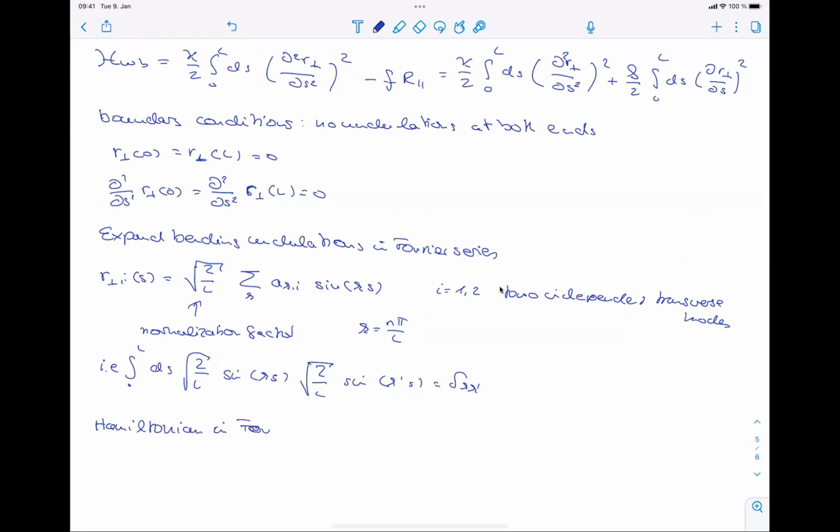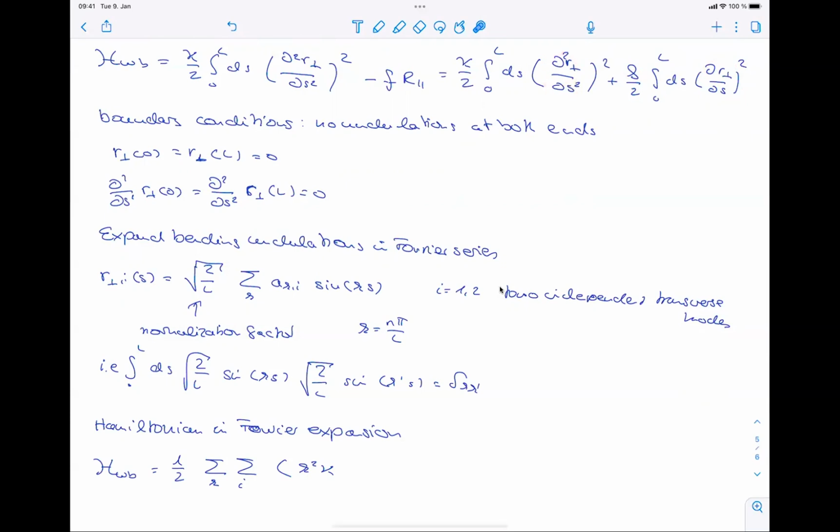And now if we plug this into our weakly bending rod approximation above, then the Hamiltonian in Fourier expansion reads, we have a half sum over k. Because we have a product, we have two indices, and because of the normalization, we end up with second order derivatives giving me a k squared kappa, and in the second term we have a prefactor f and a linear derivative, sorry, k.